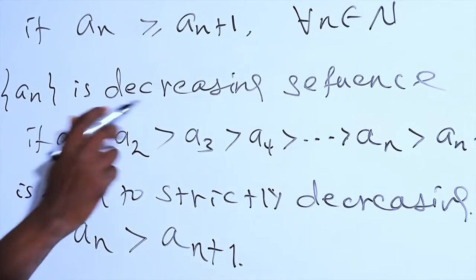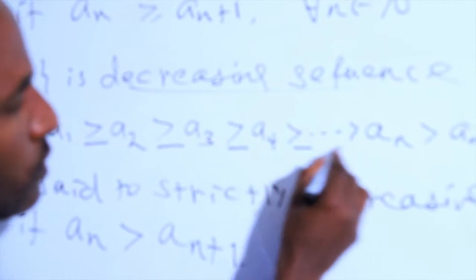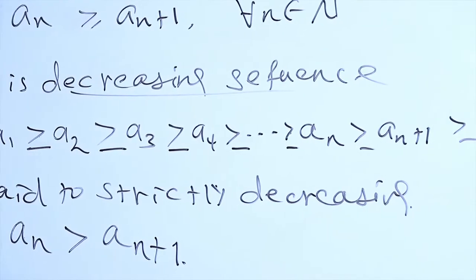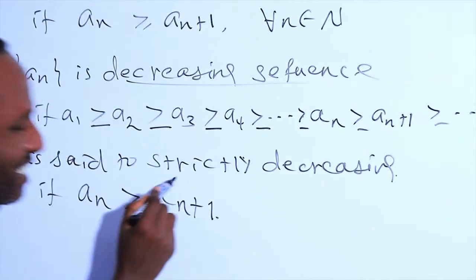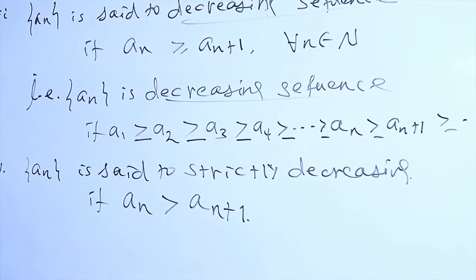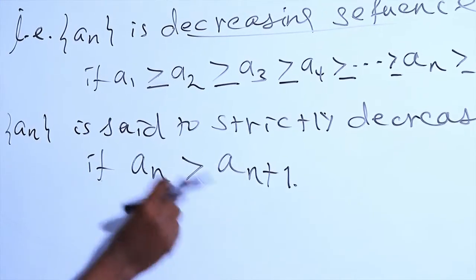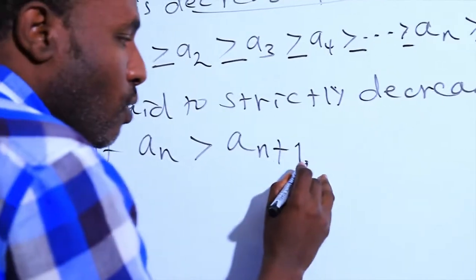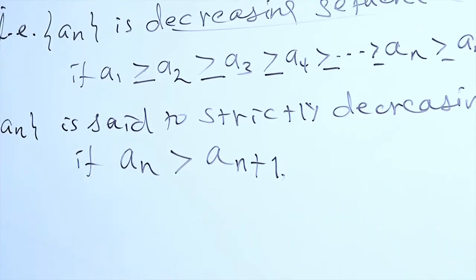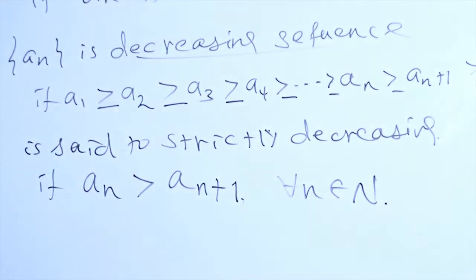In the case of a decreasing sequence, we say greater than or equal to. But in this case, if a sequence AN is said to be a strictly decreasing sequence, the functional value AN is strictly greater than AN plus 1. This works for every n an element of the set of natural numbers.